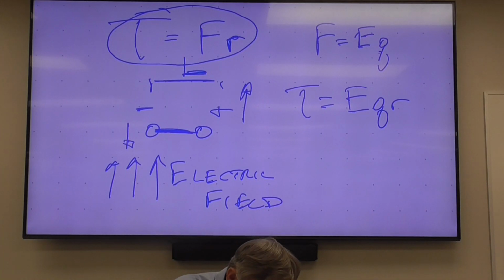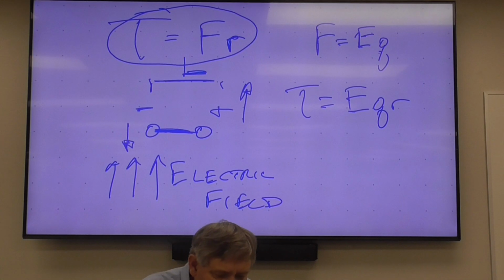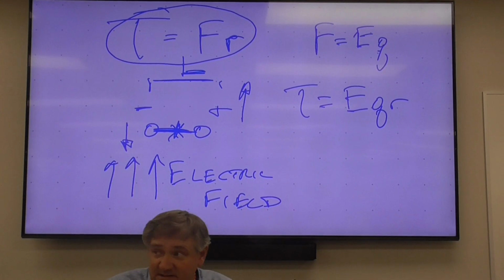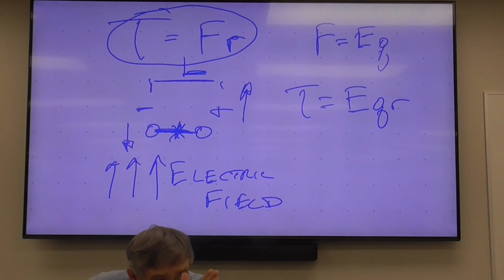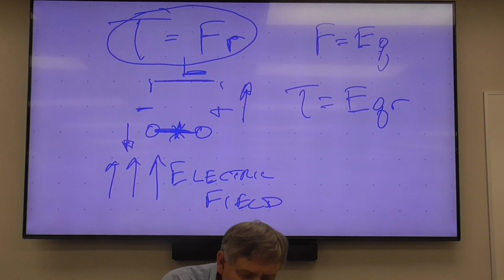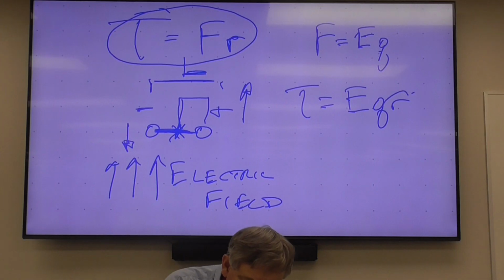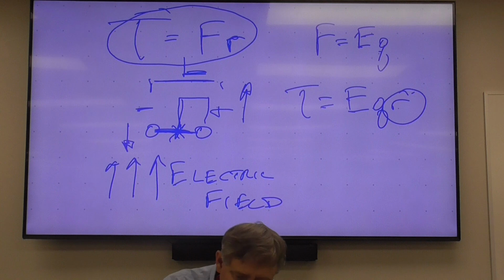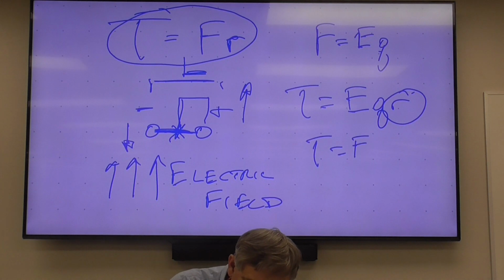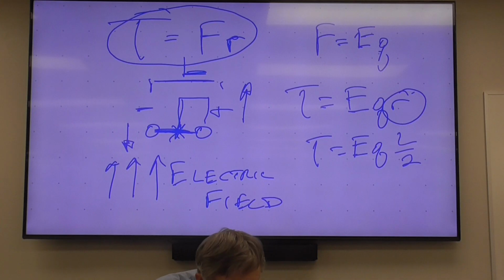Okay? Now, assuming that this thing rotates about the midpoint, and that's the assumption that you have to make, if this is L, what are you going to use for that radius in that equation? L/2. So I've got torque equals EqL/2, right?